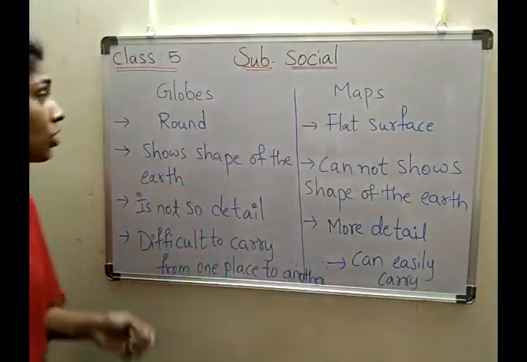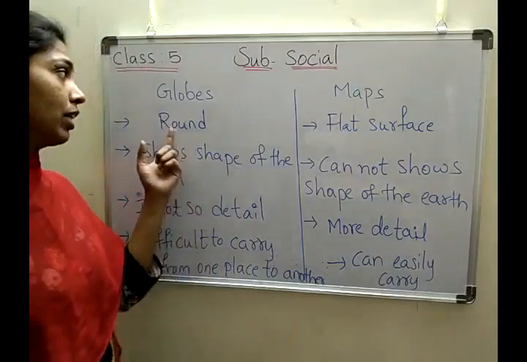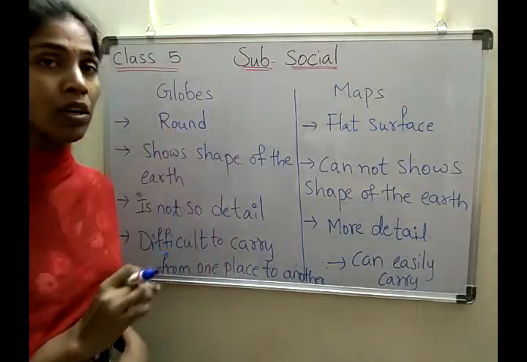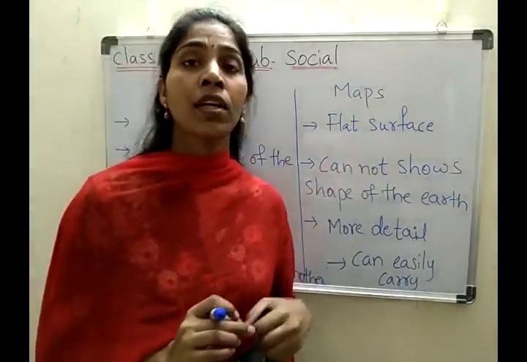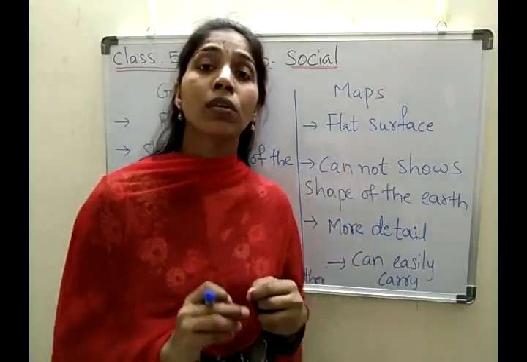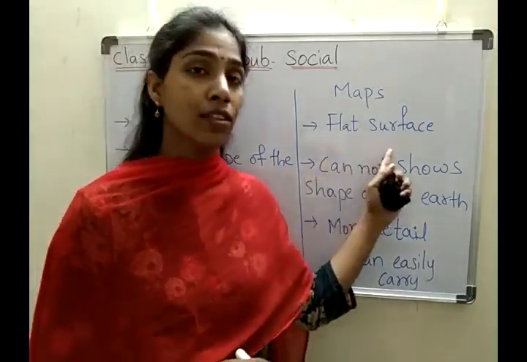Okay, children, globe is an exact model of the earth. Okay, so globe is round in shape. Okay, coming to maps, maps are drawings of the earth's surface. Okay, so a flat surface.